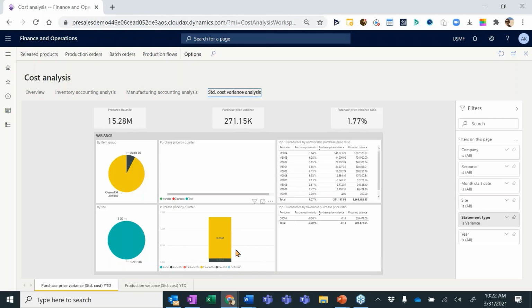And so this diagram would really help drive that information and alert people as to things that are going out of whack. And then if I'm running multiple sites, it's going to break it down for me by site, because maybe I have one site where the PPV just runs hot compared to another site. And why would that be? Is it the people? Is it the process? Is it the procedure? Is it the vendors?